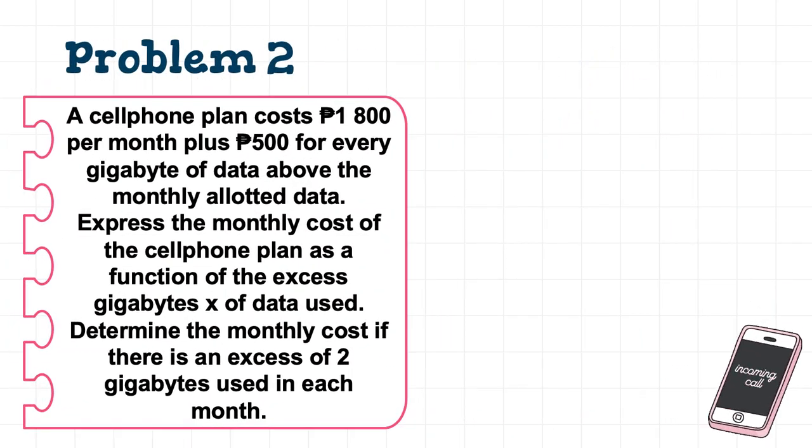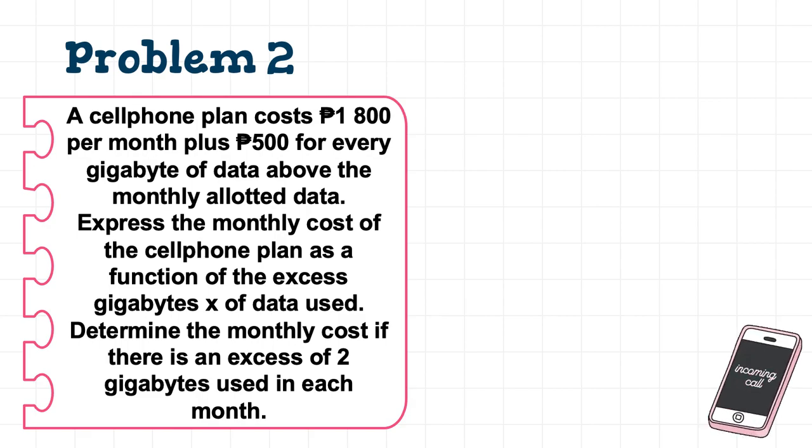Next, problem number 2. A cell phone plan costs 1,800 pesos per month plus 500 pesos for every gigabyte of data above the monthly allotted data. Express the monthly cost of a cell phone plan as a function of the excess gigabytes x of data used. Determine the monthly cost if there is an excess of 2 gigabytes used in each month.